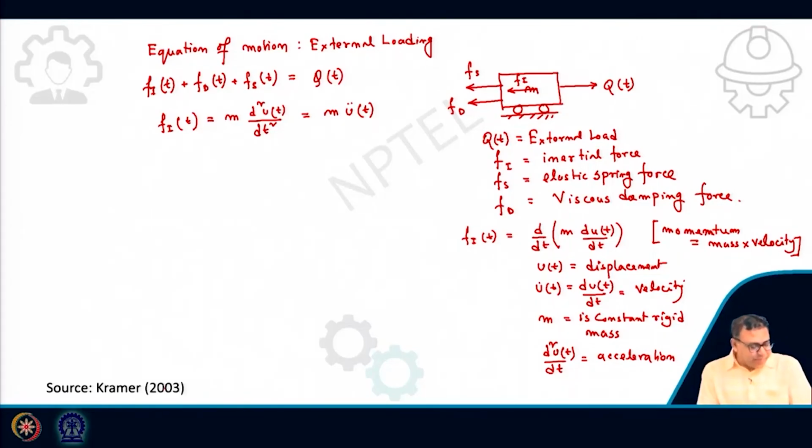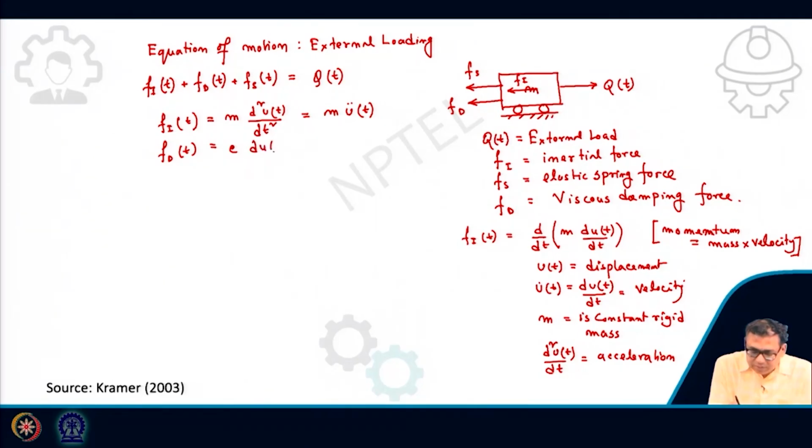Similarly, the damping force is proportional to the velocity of the mass in case of a viscous dashpot. So my damping force will be proportional to the velocity of the mass, and this is the proportional constant c.